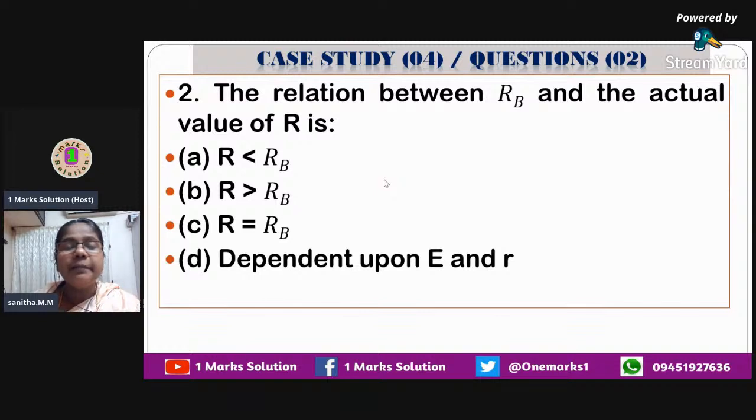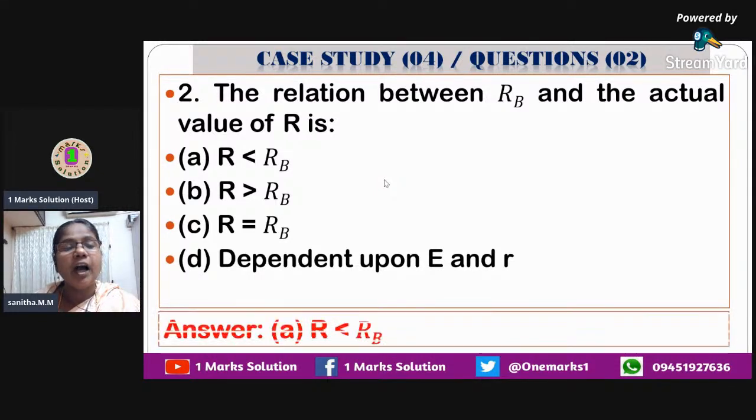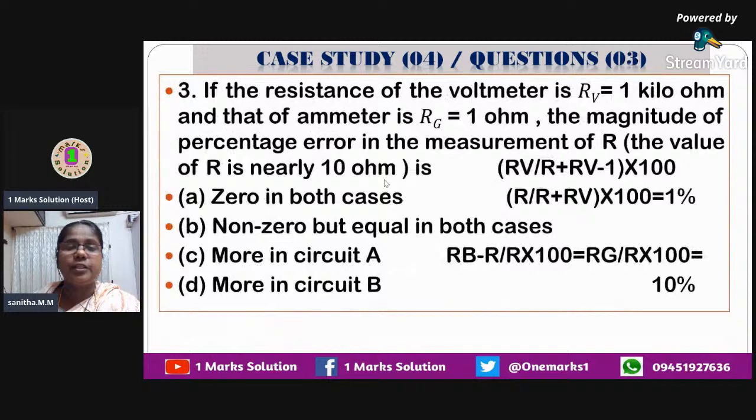RB will be greater than R, isn't it? That means RB will be greater than R, or we can say R is less than RB. So option A will be the answer. In the previous case, it was parallel combination. Here it is in series combination. So the option is absolutely the first one, that is A. Now we can go for the third question based upon this.